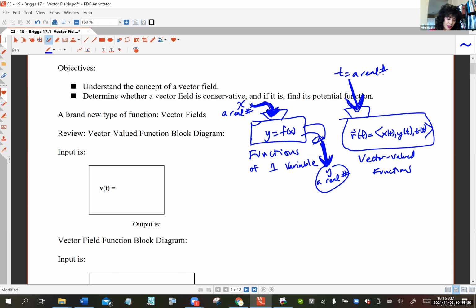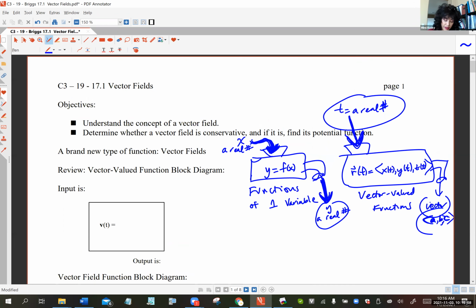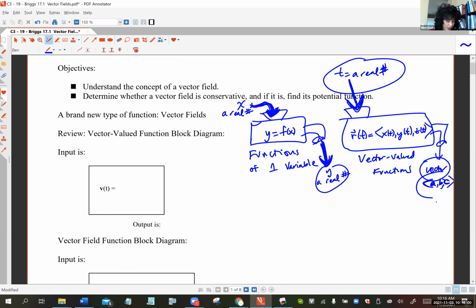You fed it a real number t, like time equals 2 seconds, and then the output would be a vector, some constant vector a, b, c for this 3D vector valued function. So you feed it a real number and it outputs a vector. Okay, so far so good.